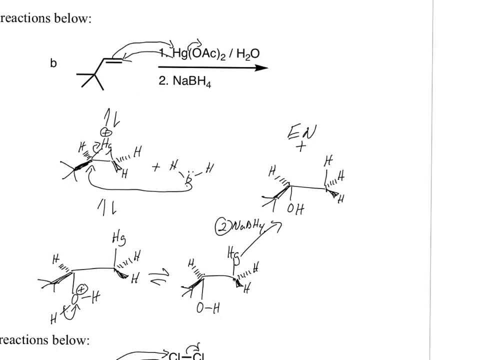All right, moving along. Now mercury. So mercury, two steps, mercury in water, in this case, in water, and sodium borohydride. This is a way to add OH and H, or OH and solvent, whatever the H and solvent, in an anti fashion, but on the more substituted carbon. 3 steps there, no carbocations are formed here.